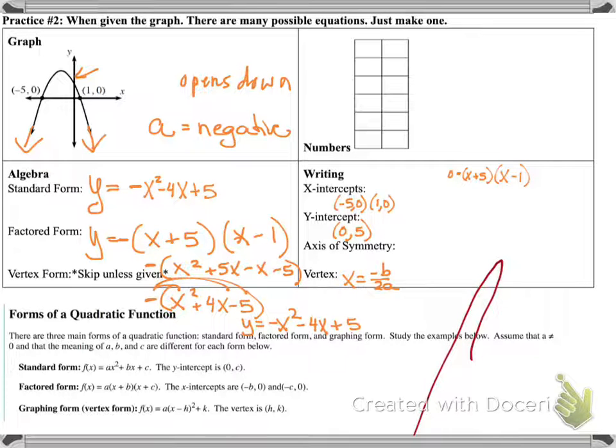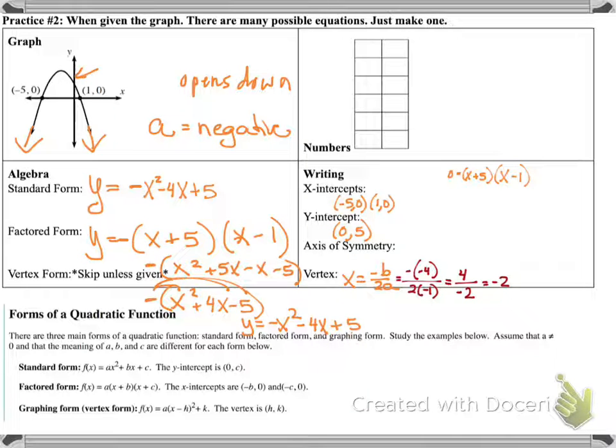So my b term is negative 4, so negative of negative 4. My a term is negative 1. Well, negative negative 4 is a positive 4 divided by a negative 2. That's negative 2. Okay. That's the x value of my vertex.